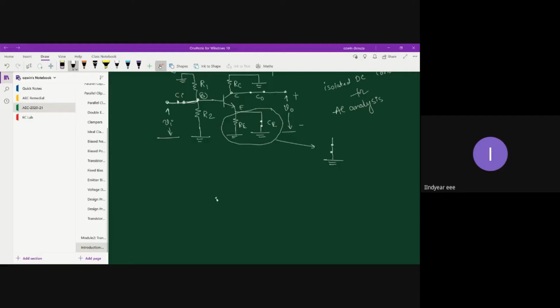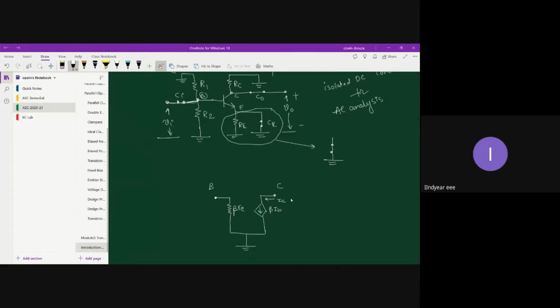So here is my base terminal. Let me insert the RE model component first. This is my beta RE. On the output side, I have my collector terminal, and I'm going to represent the controlled current source, beta IB. This beta IB is nothing but IC, and that is also grounded.